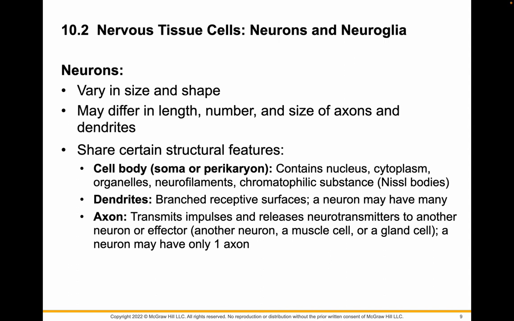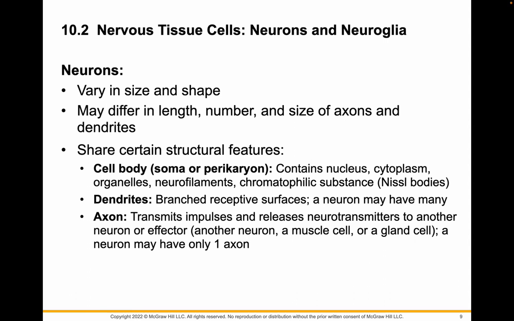The soma, remember, somatic means body. Soma is the cell body. So this is where you're going to find the nucleus and the majority of the cytoplasm, a lot of the organelles and stuff. The dendrites are branched receptive surfaces, and a neuron may have tons of these. And so this is to receive information from different places.